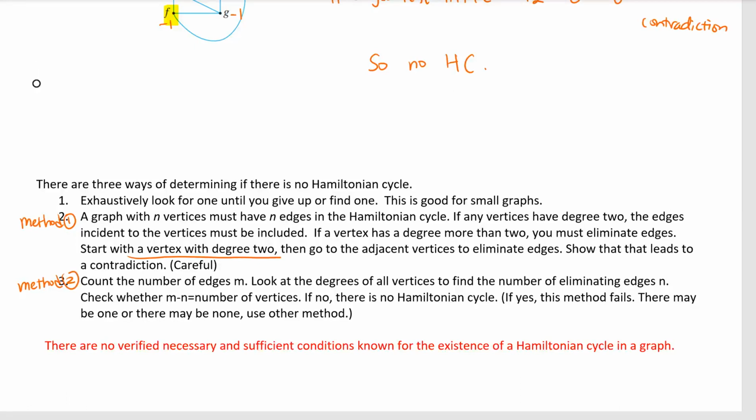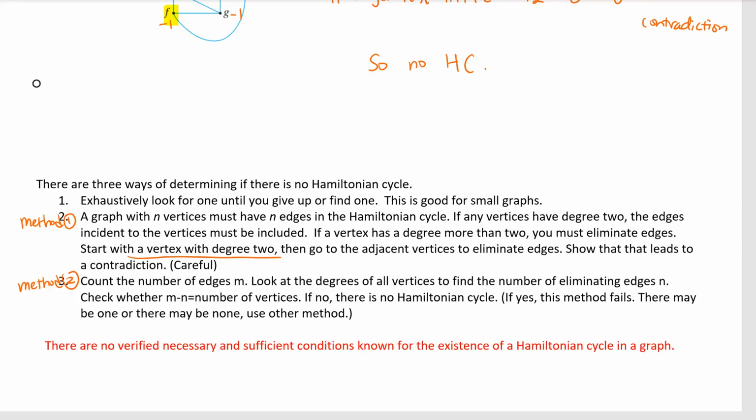So we count the number of edges, and then we look at the degrees of all vertices to find the number of eliminating edges, and check whether the edges left, so m minus n is the number of edges left. Check if this number equals the number of vertices. If yes, then there could be a Hamiltonian cycle.